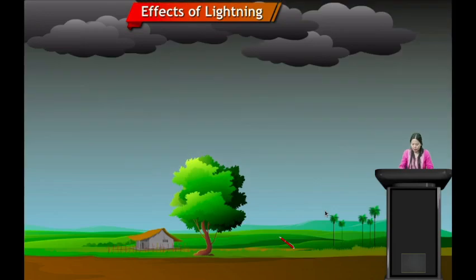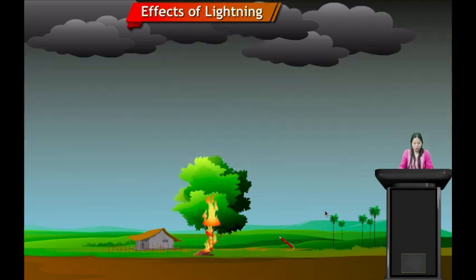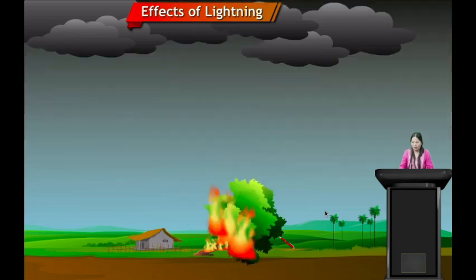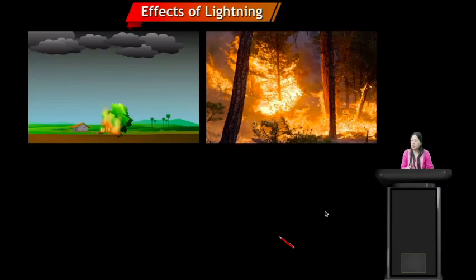When lightning strikes a tree, sometimes the tree will start burning. In this case, there is only one tree on the side of the road. But when lightning strikes a tree in the forest and it starts burning, it can spread. So it will lead to wildfire.